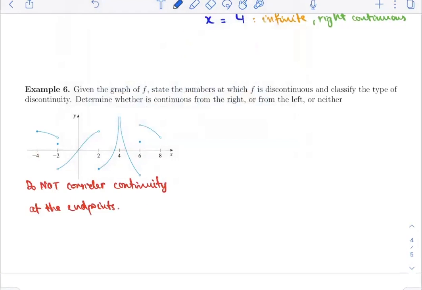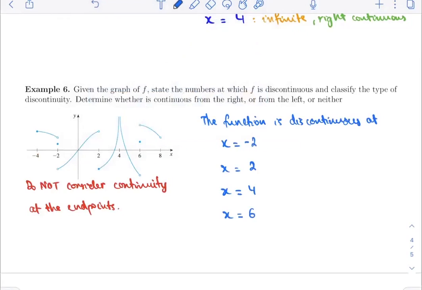Now, by looking at the graph, you can identify that the function is discontinuous at the following points: x equal to -2, x equal to 2, x equal to 4, and x equal to 6.